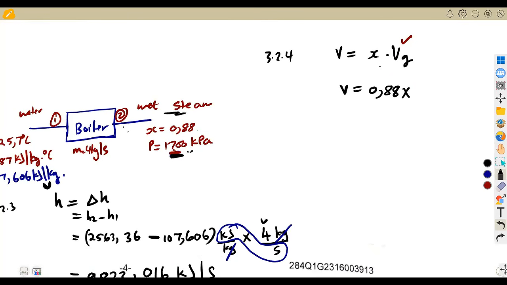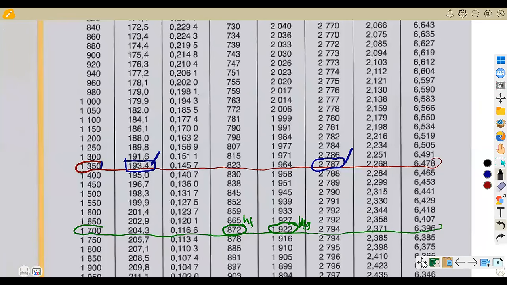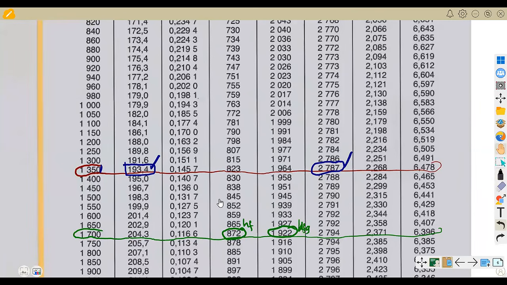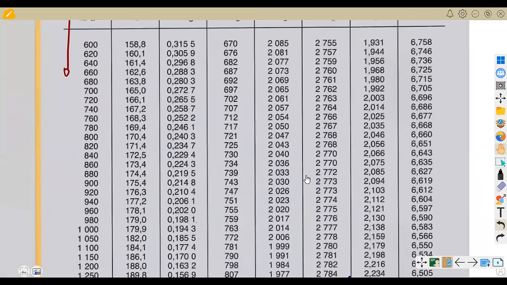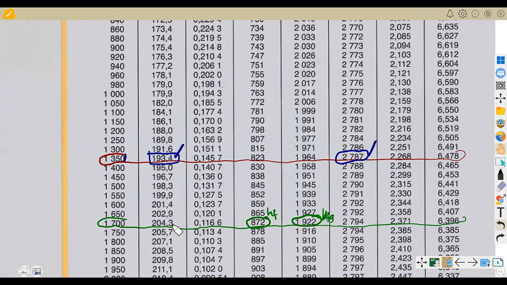Under 1700, Vg is this one, in cubic meters per kilogram. Take note, per kilogram. That's our Vg.